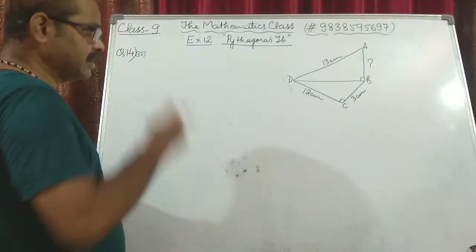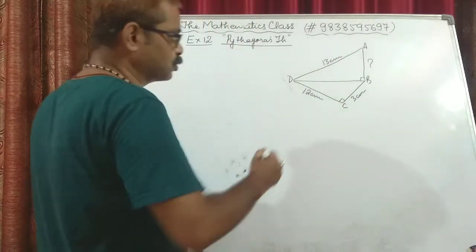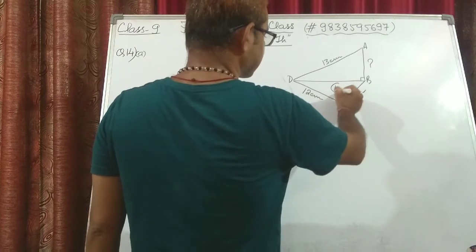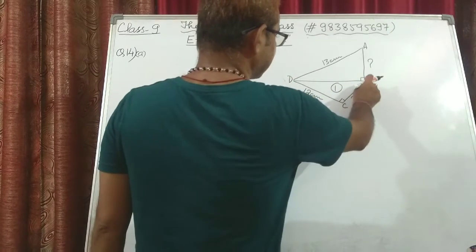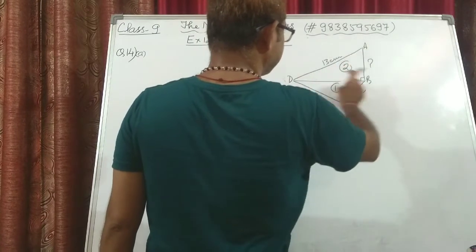You can see that in the same diagram, this quadrilateral is divided into two triangles. One triangle, the lower one, DCB, is a right angle triangle, and the other triangle is ADB.